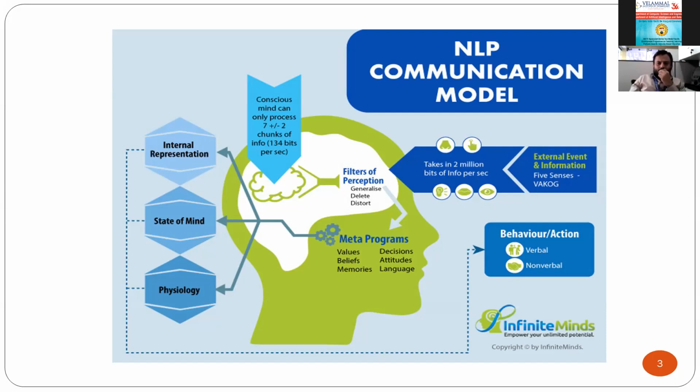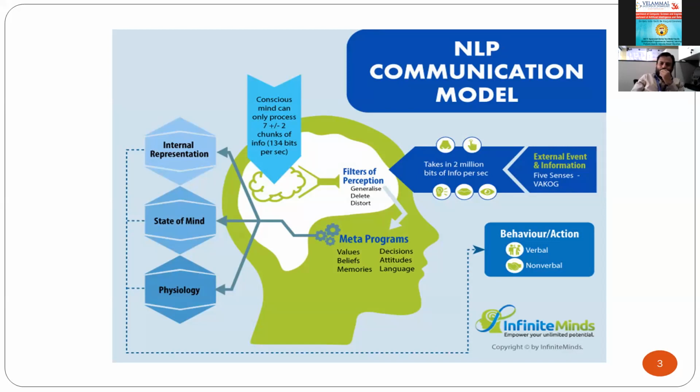So next one, based on that, how representation and processing of the data or the content happens, then how to change the state of mind, then how to change the physiology. Okay, so on what basis do we have to set this up? Based on our values, the particular internal values, internal beliefs, internal memories, internal decisions, internal attitudes, internal language.